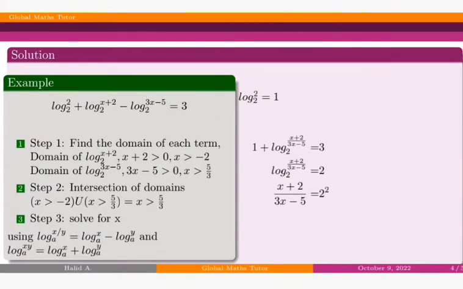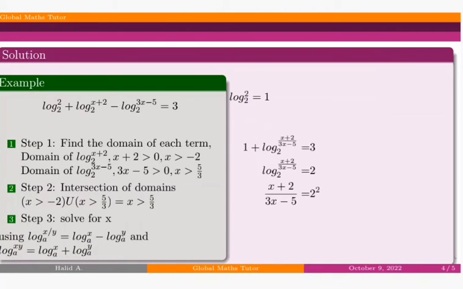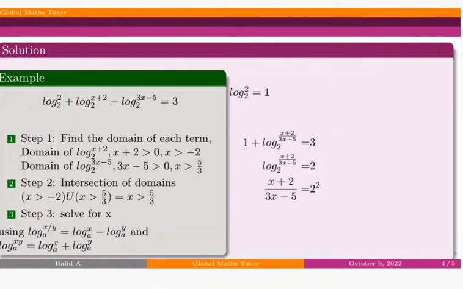Then when the 1 goes to the right side, it will be minus, so 3 minus 1 is 2, and logarithm of x plus 2 over 3x minus 5 to the base 2 equal to 2. After that, changing this logarithmic function to exponential, you get x plus 2 over 3x minus 5 equal to 2 to the power of 2.